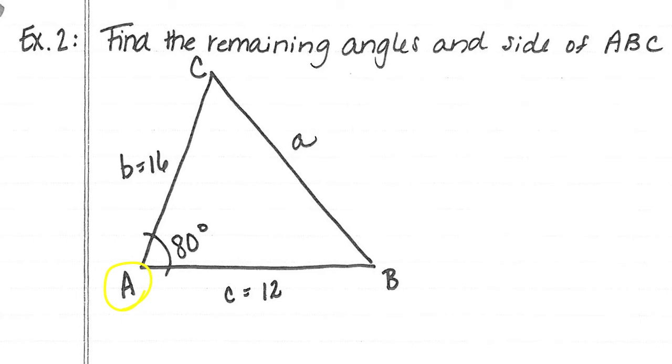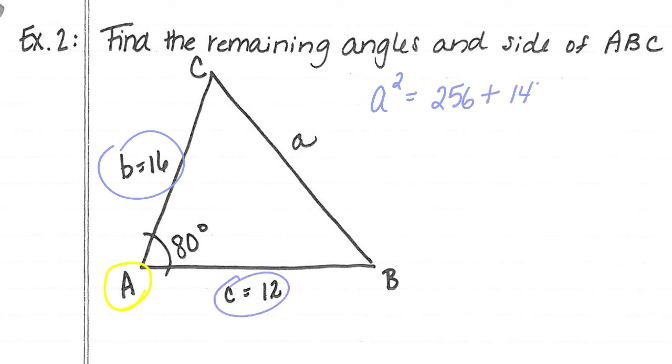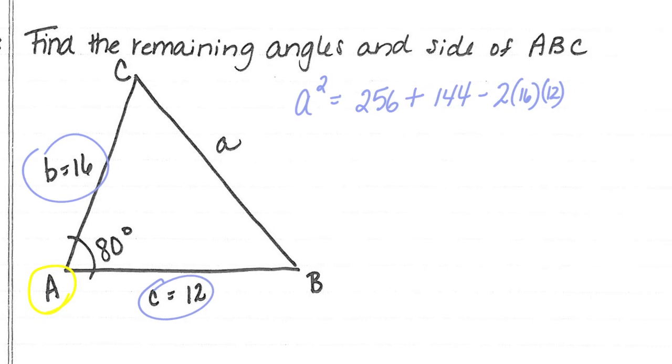I know that a squared is equal to b squared, which is 256, plus c squared, which is 144, minus 2 times b, which was 16, times c, which was 12, and then I actually have to multiply that times the cosine of A.